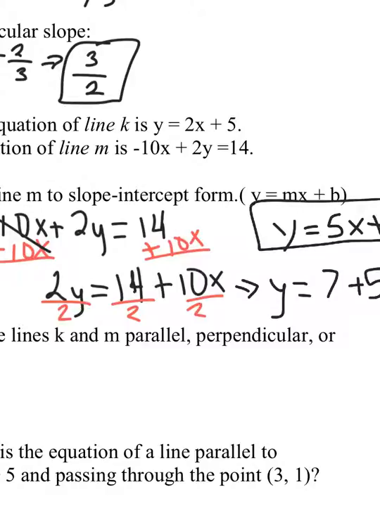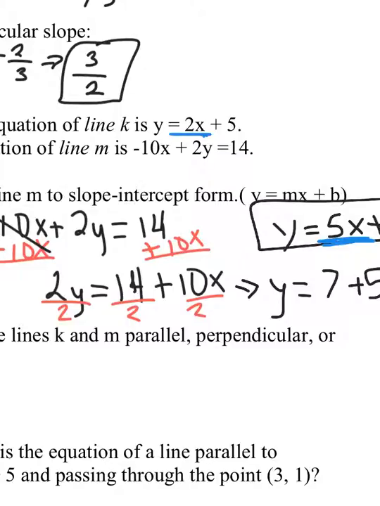Now, question B. Are the lines K and M parallel, perpendicular, or oblique? Oblique is in your notes. We didn't talk about it very much. But basically, oblique is just they're not parallel or perpendicular. It's like none of the above. So, we're looking at line K, which has a slope of 2, and the one we just saw, which has a slope of 5. Are those parallel lines?